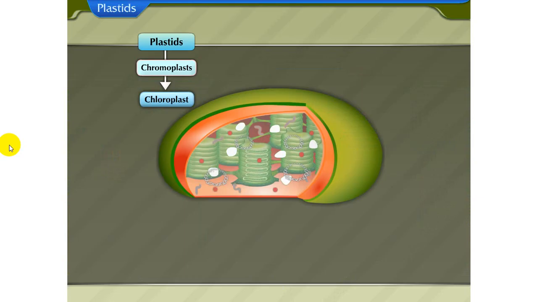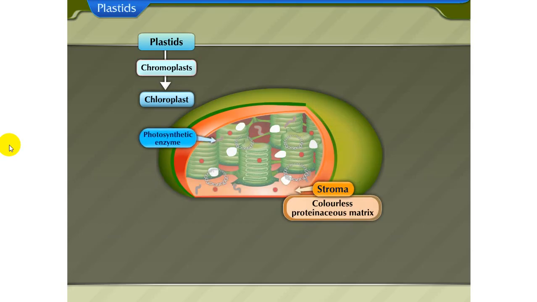When we observe the structure of chloroplasts, it shows two distinct regions, stroma and grana. Stroma. It is the colorless proteinaceous matrix. It contains various photosynthetic enzymes, DNA, ribosomes and starch granules.